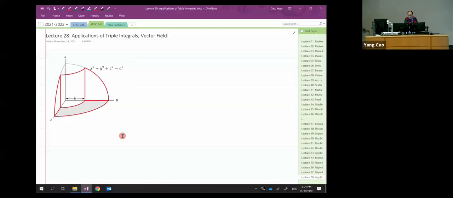Okay, there's something wrong with the projector, and it seems that the dual mode doesn't work. I can only turn on this one single projector. Okay, for those people online, can you see the screen?